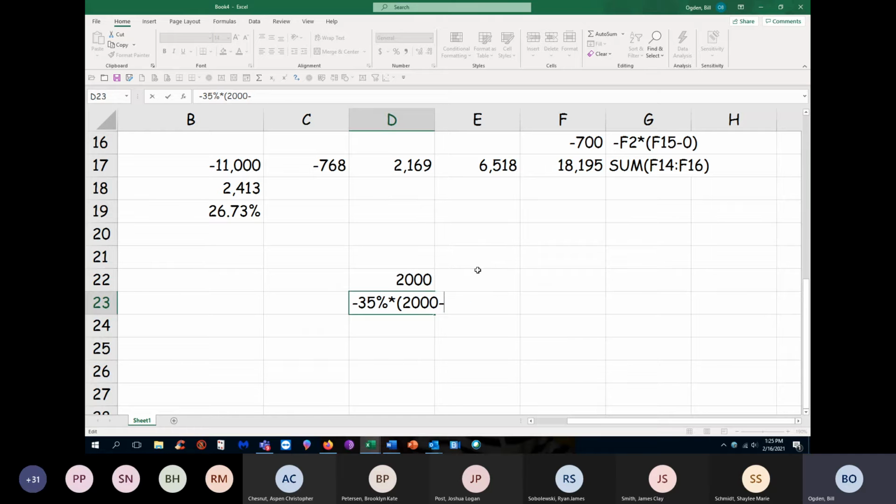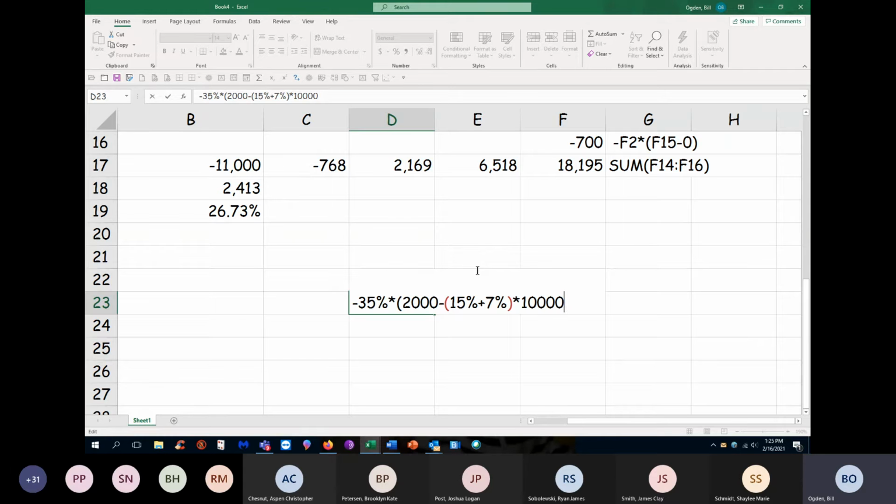We'll take the year 3 factor plus the year 4 factor, haven't taken either one, times the acquisition price.